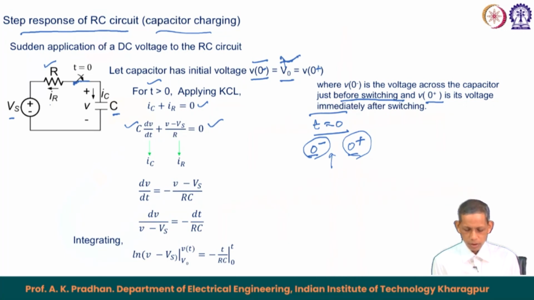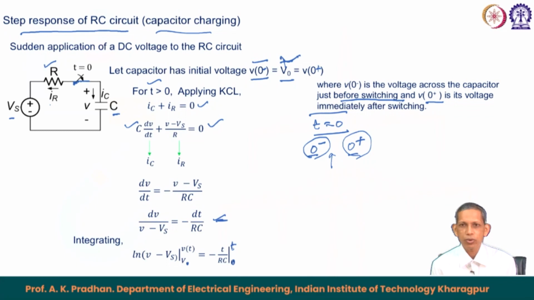From this relation, you can write dV by dt equals to minus V minus Vs upon RC, and dV upon V minus Vs equals to minus dt by RC, algebraic manipulation. So, integrating this relation, we get natural logarithm of V minus Vs from V naught to V t, that equals to minus t upon RC from 0 to t.